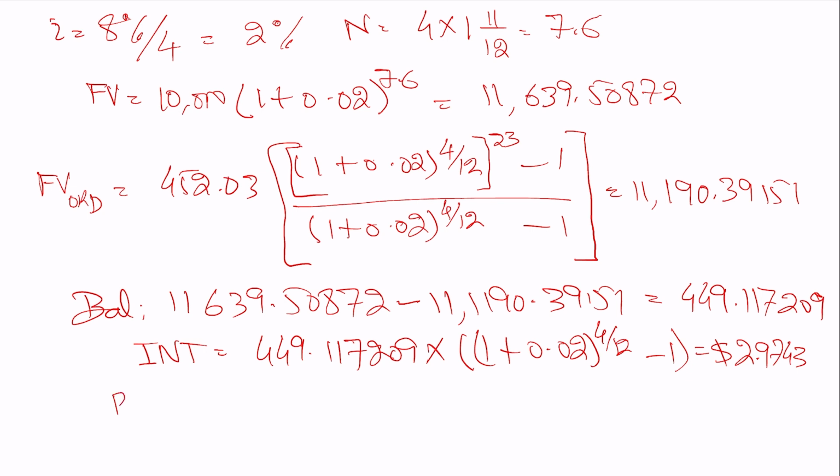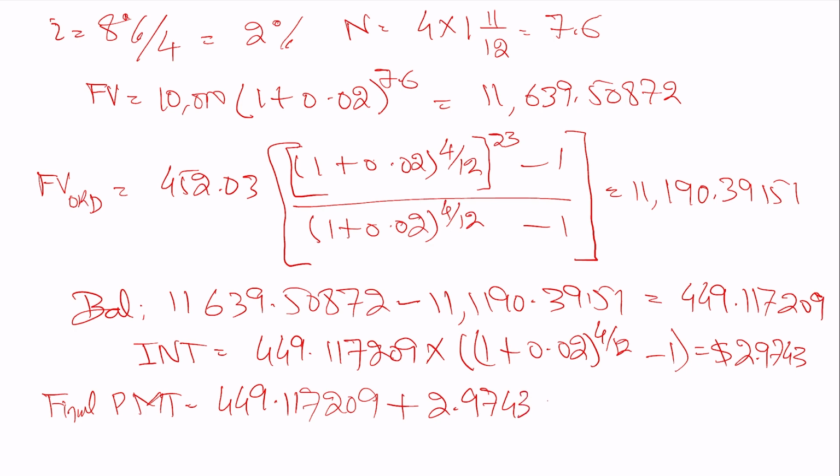If we write the final PMT, it is 449.117209 plus 2.9743, so we get 452.09. So the final payment is 452.09 in place of 452.03. That's a little bit higher, very nominal, but it is higher than the normal payments.